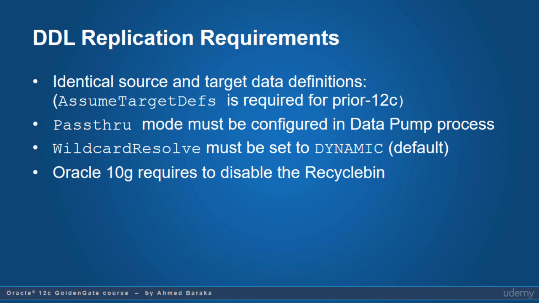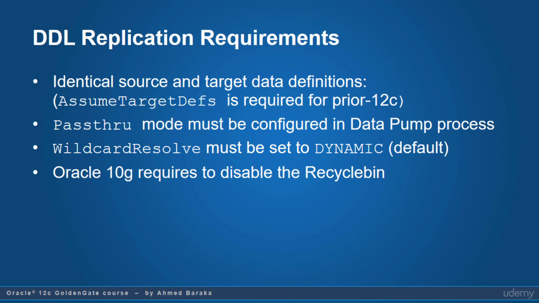In order to enable the DDL replication, the following conditions must apply. The source and the target definitions must be identical. Therefore, if you are using GoldenGate of version before 12c, the parameter ASSUMETARGETDEFS must be configured. The data pump process must run in pass-through mode.